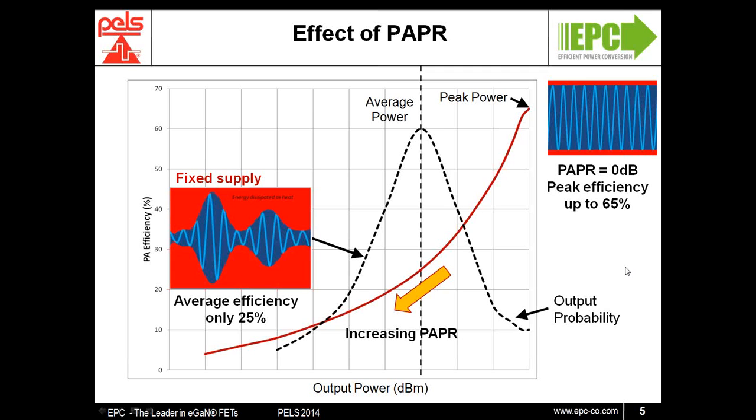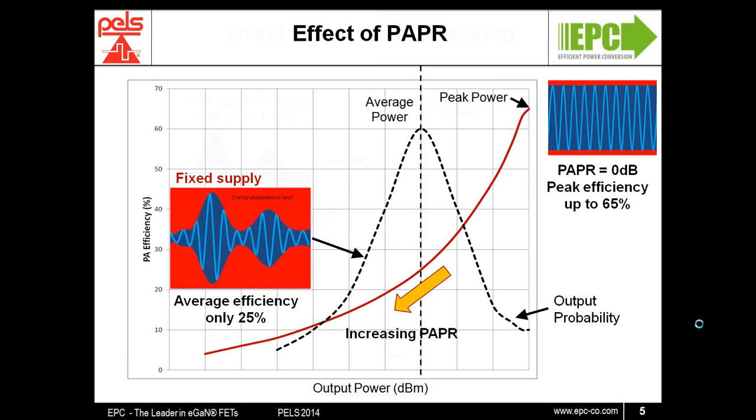However, as you increase the PAPR, the average power output of the device is much lower than that of the peak, and efficiencies can be as low as 25% or even lower. And this variation in the output power is what generates the heat in the device and lowers the efficiency.